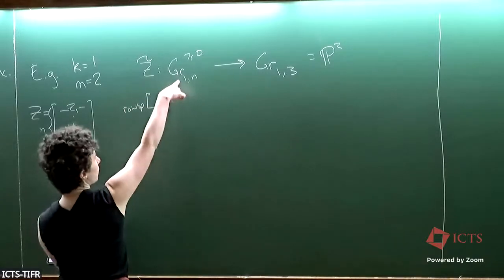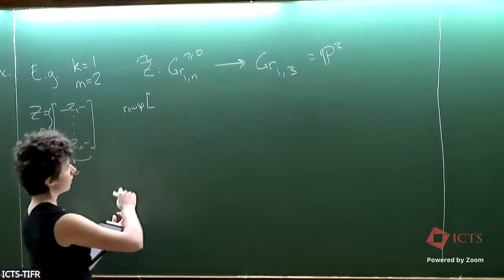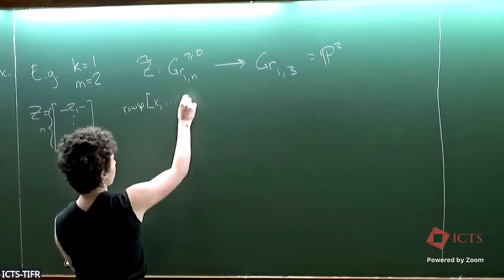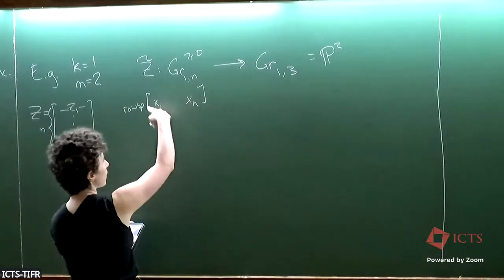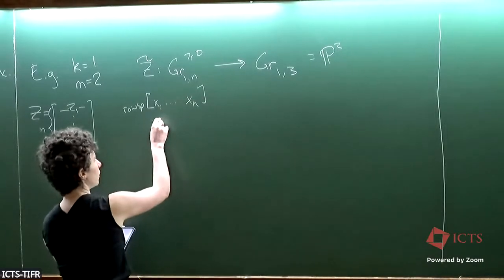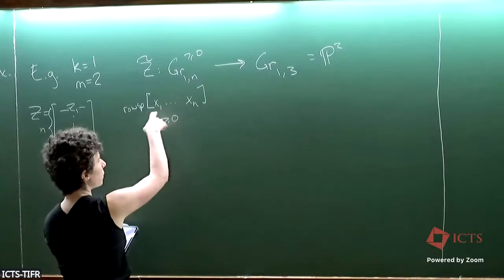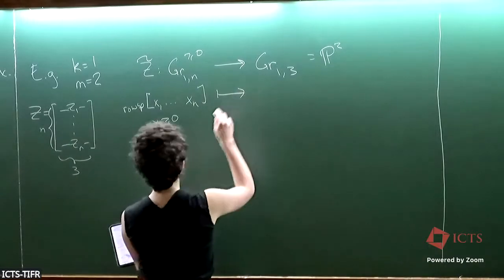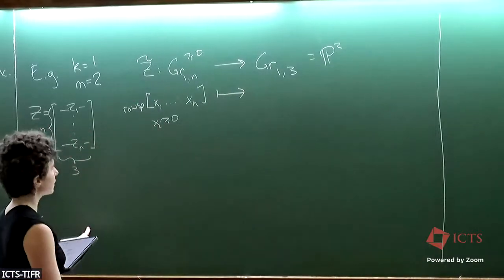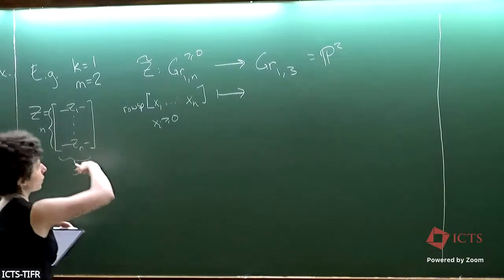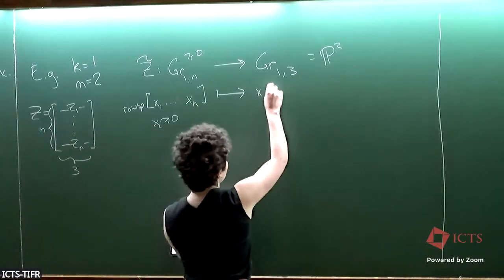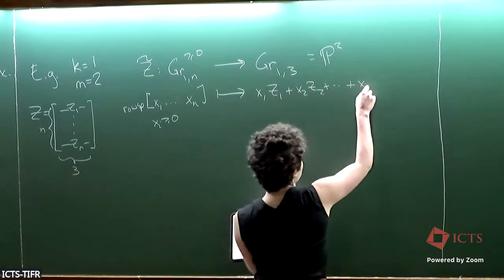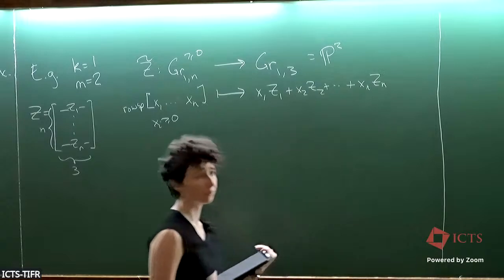Okay, so just really concretely, what are we doing? I pick a point in here, so that's the row span of just one vector. It's just going to be a line. And since I'm in the totally non-negative Grassmannian, all of the coordinates in this vector I can take to be non-negative. Then I just multiply by my matrix Z, and if I write it in terms of the rows of Z, what I get is x1 z1 plus x2 z2 plus ... plus xn zn.